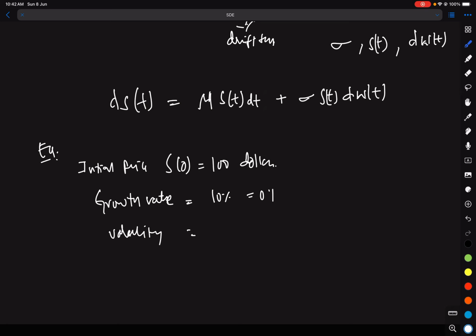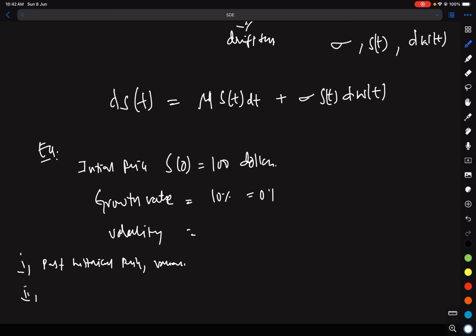Let me write it down on my screen. What are the different ways we can take? First, we can observe the past historical stock prices and calculate volatility.